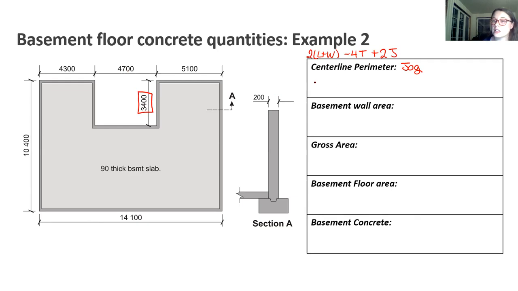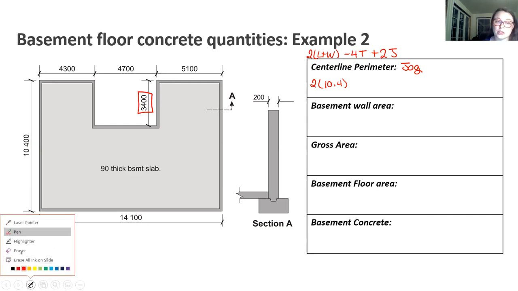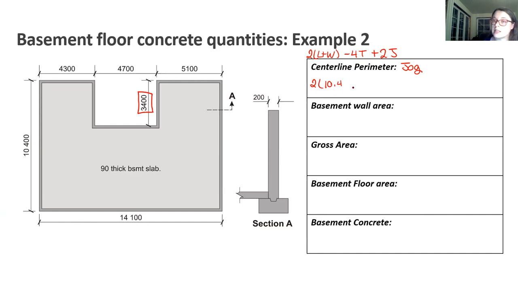To calculate the center line perimeter, we have 2 times 10.4. You can put the decimals in if you want. If you're used enough to looking at them, you can put the decimal in as you solve the question. That's actually a bit of a time saver. Use what makes you make fewer mistakes.